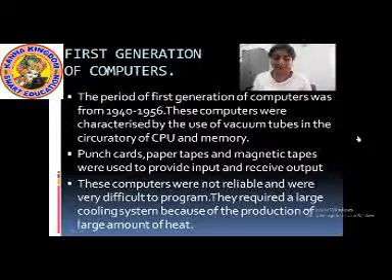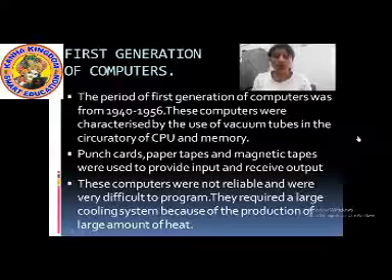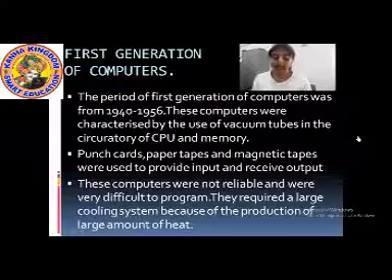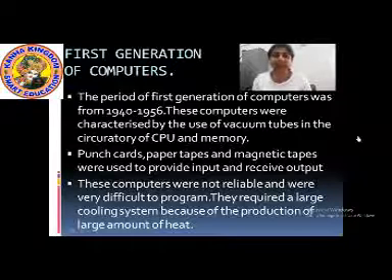Paper tapes were tapes with holes punched in them. These were used to convey data and instructions into the computer. Convey means to give the data and instructions inside the computer.